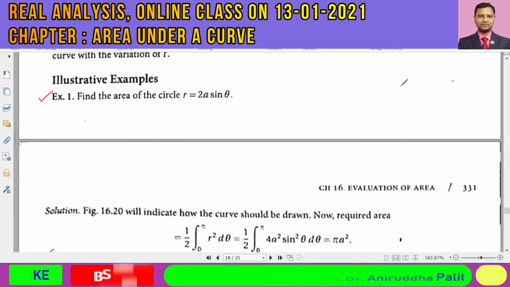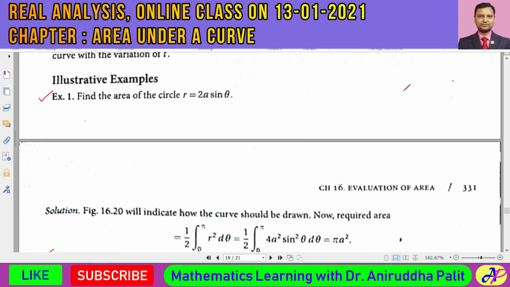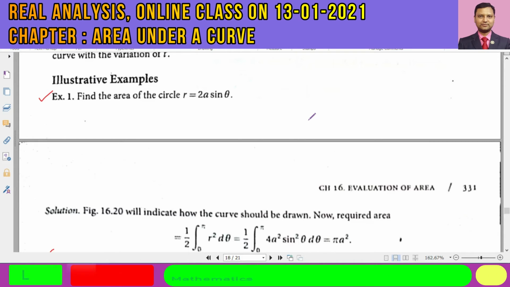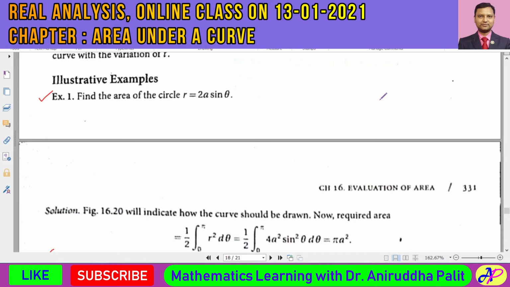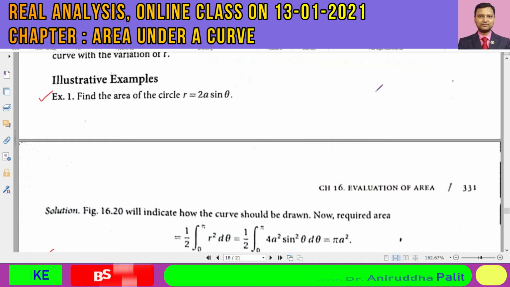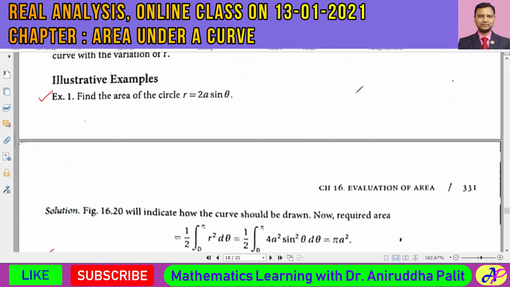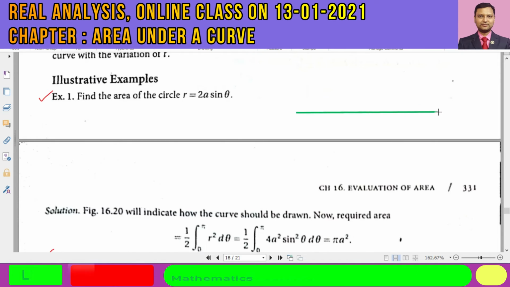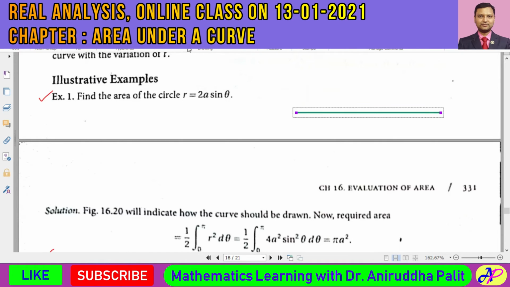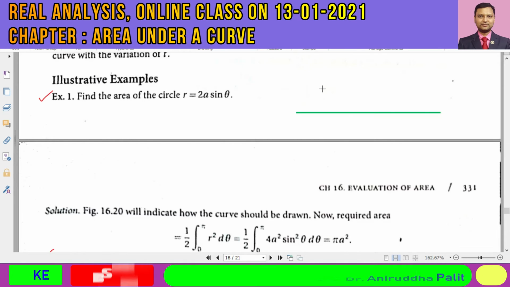You see over here, this parameter theta would vary from 0 to pi. How? Let me show you the picture. Over here, this kind of circle. Let me draw the initial axis. This is the initial axis. And let me draw circle over here.